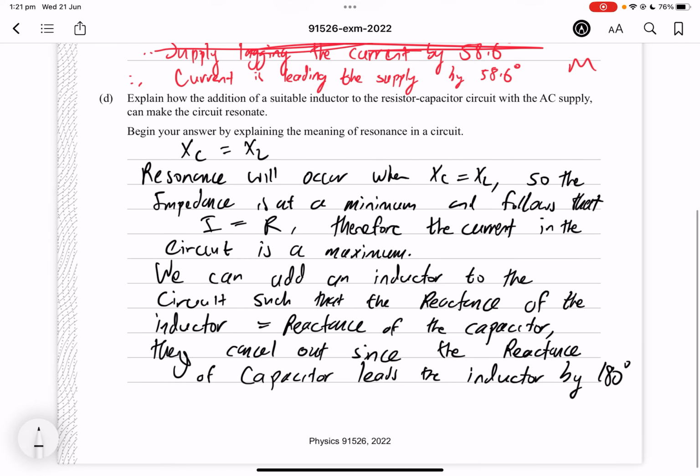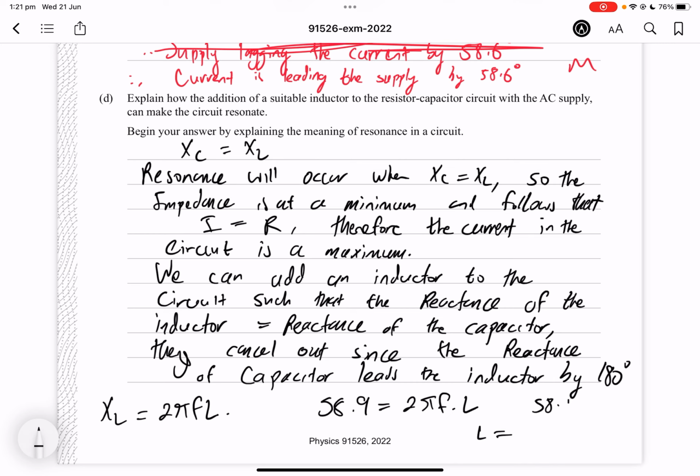We can actually do a quick calculation here. XL equals 2 pi f times L, and we know that the reactance of the capacitor was 58.9. So 58.9 equals 2 pi f times L, so L equals 58.9 over 2 pi times 50.